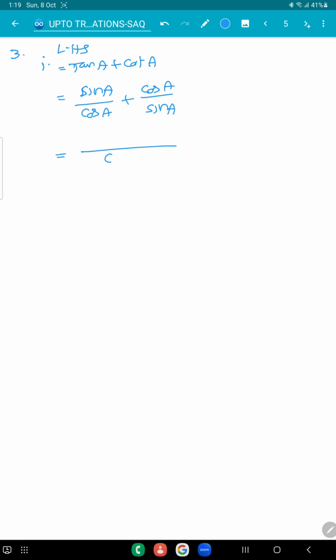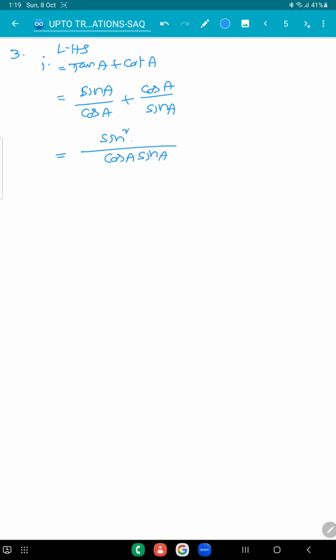It has two bits. This is also easier. First one is tan a plus cot a. This is LHS. So that is equal to sin a by cos a plus cos a by sin a. Taking LCM, cos a sin a.